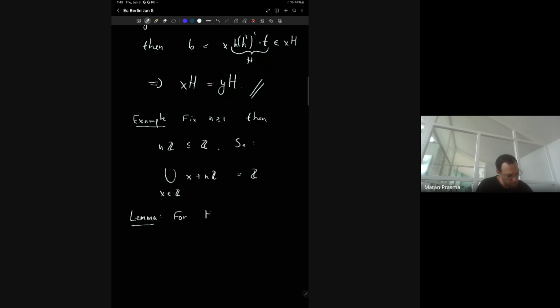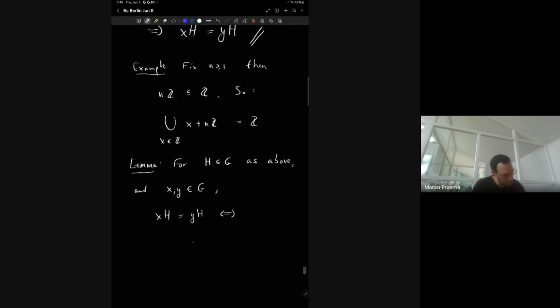For H and G as above, I mean, G is a group and H is a subgroup, and x and y some elements in G, xH is equal to yH if and only if xy minus 1 belongs to H. And this is the same as saying that x minus 1 y belongs to H. They are going to be equivalent.